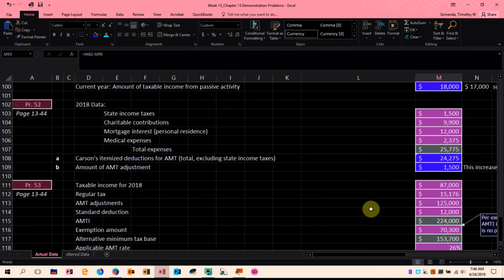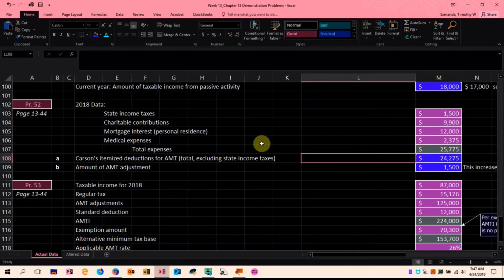A couple of things. In problem number 52, here we have Carson had the following itemized deductions, and I just reproduced them here.